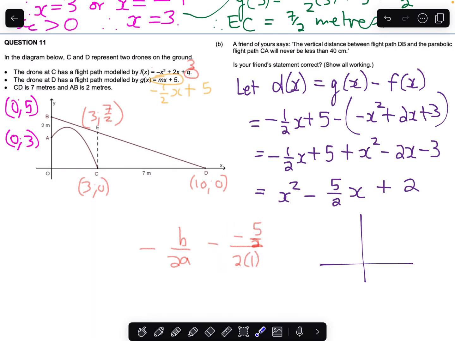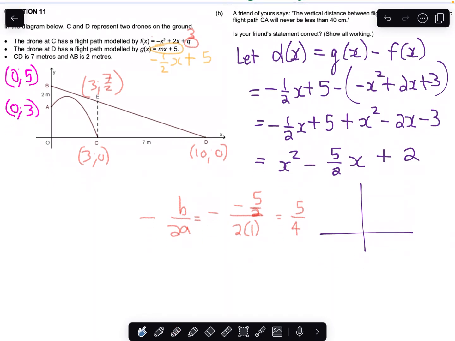And will it be above or below? It doesn't really matter. I mean, it kind of does matter actually. So this will be 5 over 2 over 2, which is 5 over 4. Okay, I should do this formally actually.